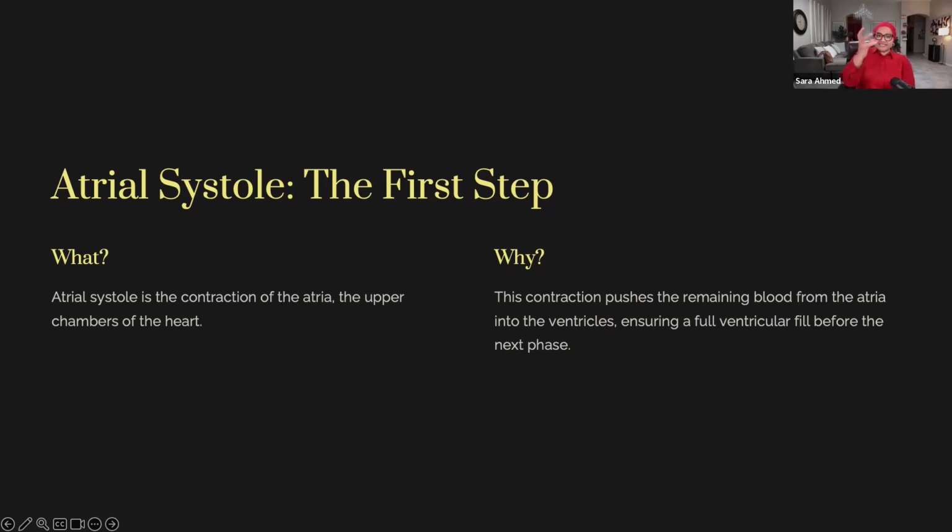Okay, despite the fact that the atria, which are basically the reception points for blood, have their own systole and diastole, a mini cycle. But the more powerful one, the more pronounced one, the one that we feel, is the ventricular cycle, systole and diastole.